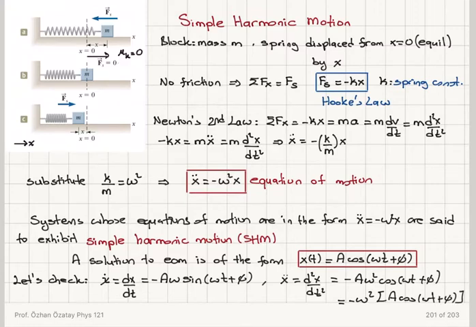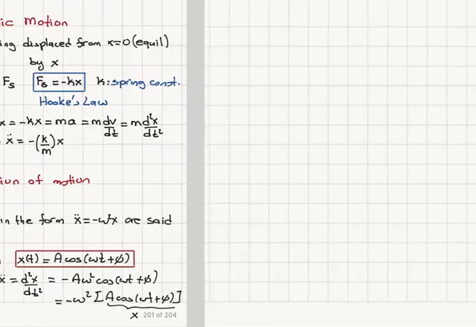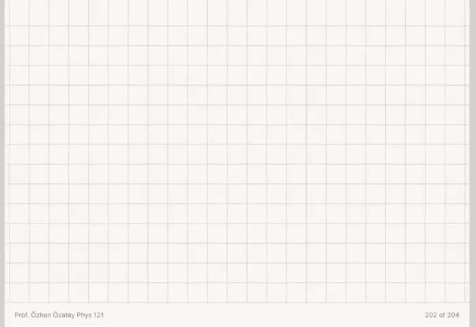Now notice that this is minus omega squared times A cosine of omega t plus phi, and this is basically x. So I find that x double dot is equal to minus omega squared x. So this function satisfies the differential equation.